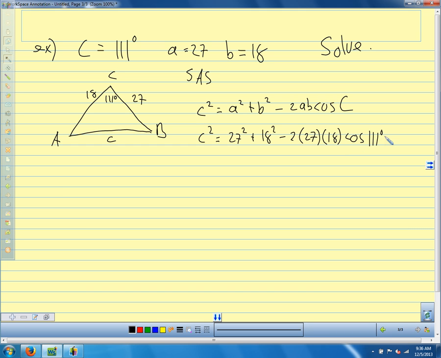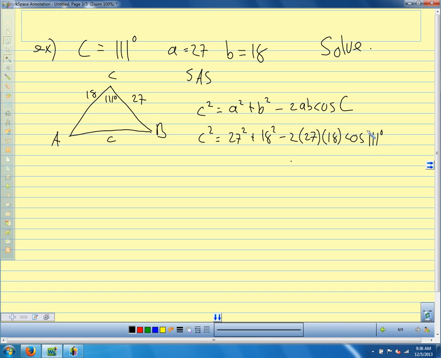So here's the other common error in the law of cosines. What is the cosine of 111 degrees? Can someone calculate that for me? The cosine of 111 degrees comes out to be a negative number.